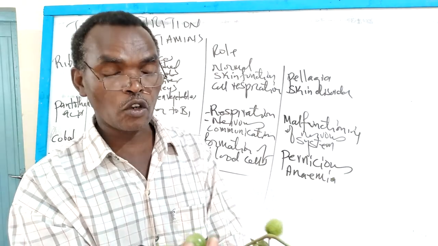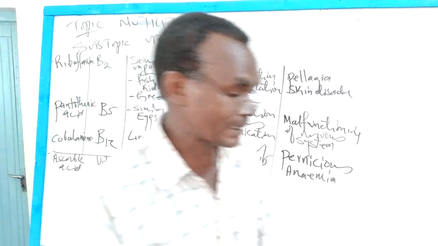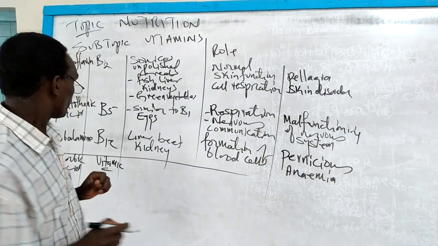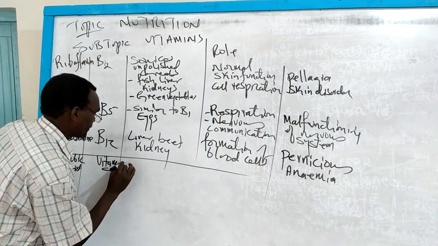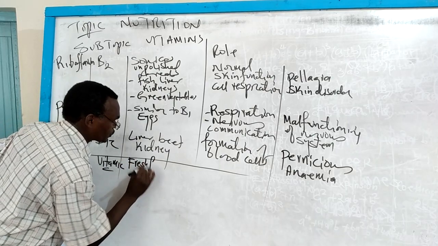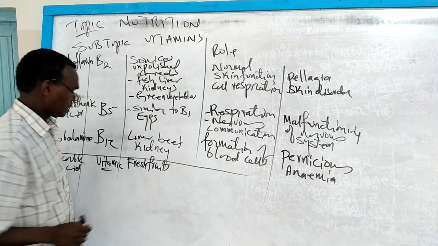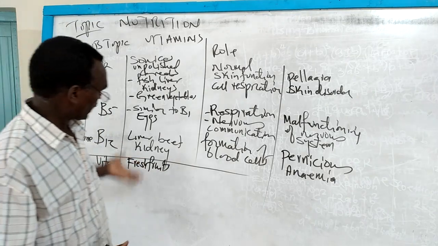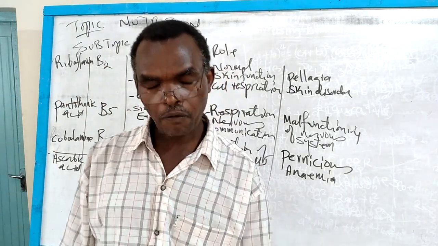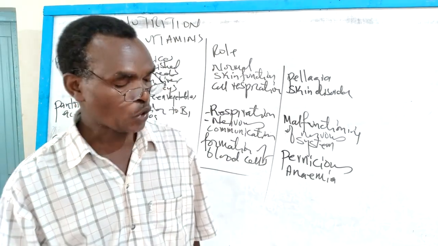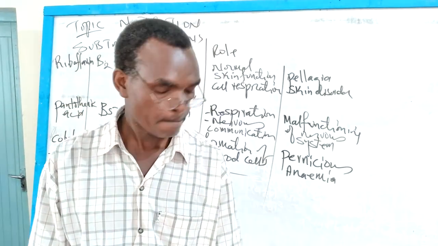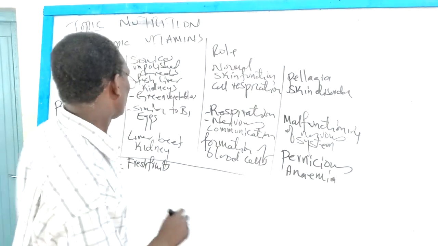Incidentally, they all belong to the berries, but that doesn't mean that it's only the berries that provide vitamin C. So we have fruits, and not just fruits, but fresh fruits. You need not write all of them here. We have the citrus fruits, passion fruits, tomatoes, tree tomato, and many others.